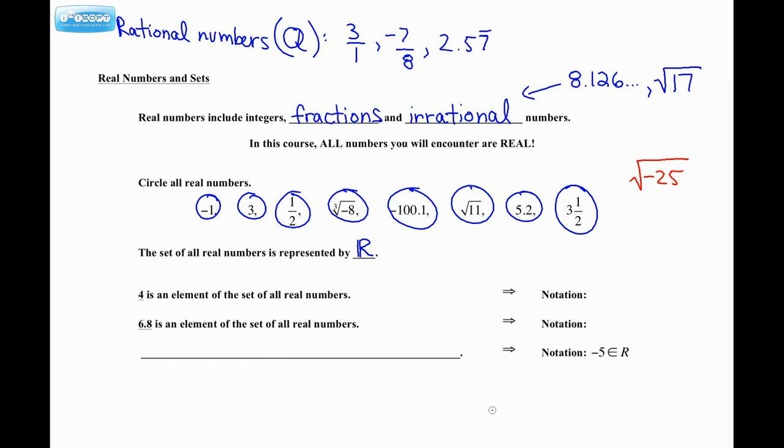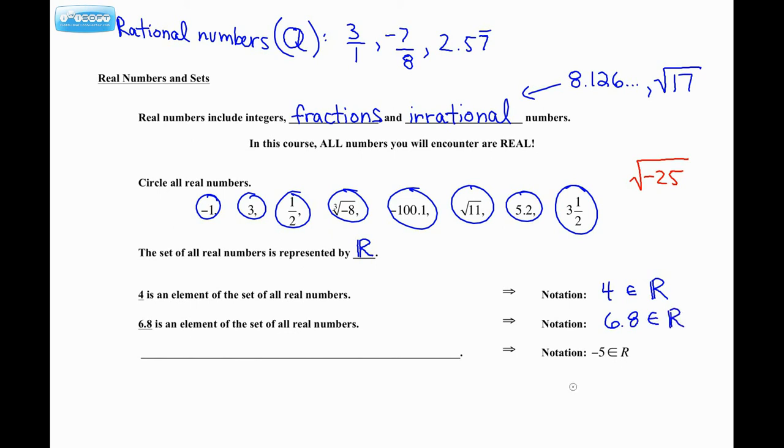It's found in the collection of all real numbers. Okay, it's an integer, but remember the real numbers include integers as well. Okay, 6.8, remember that's not an integer, but it is an element of the set of all real numbers. So 6.8 is an element, or it's in the set of all reals.